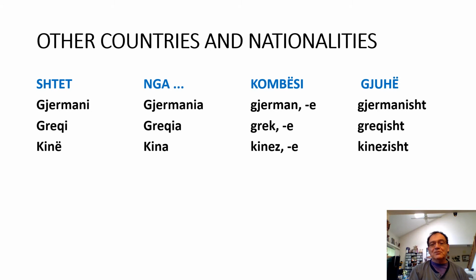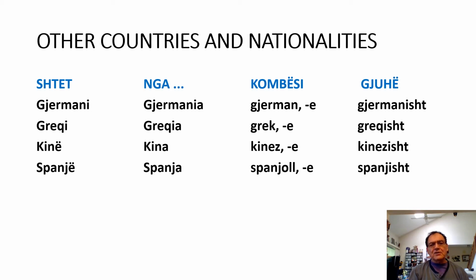The language would be kinezisht, and the nationality would be kinez or kineze. Spanja is Spain. If we want to say from Spain, we would say nga Spanja. The nationality would be spanjoll, spanjolle for the feminine, and the language would be spanjisht.